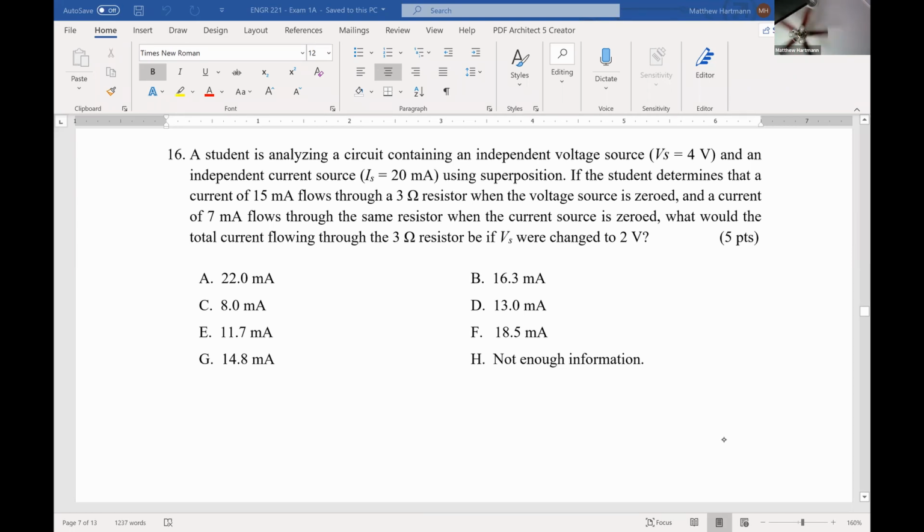If the student determines that a current of 15 milliamps flows through a 3 ohm resistor when the voltage source is zeroed or turned off, and a current of 7 milliamps flows through the same resistor when the current source is zeroed or turned off, what would the total current flowing through the 3 ohm resistor be if Vs were changed to 2 volts? So does anybody among you have an idea of how we would approach a problem like this?